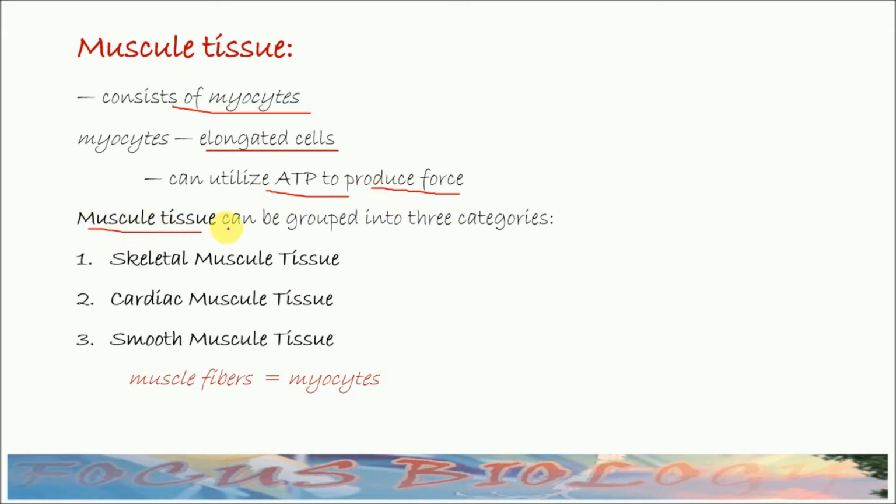Muscle tissue can be grouped into three categories. They are skeletal muscle tissue, cardiac muscle tissue, and smooth muscle tissue. Now, I will discuss one by one these three muscle tissues.